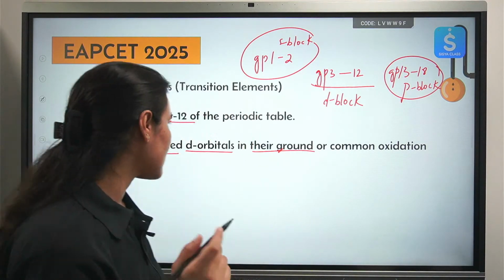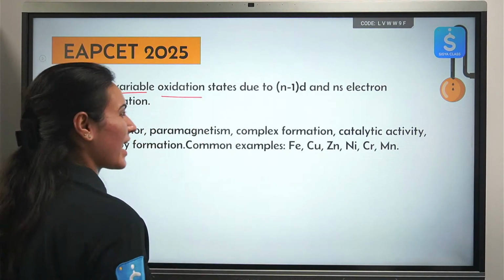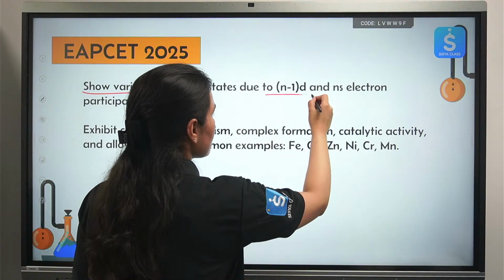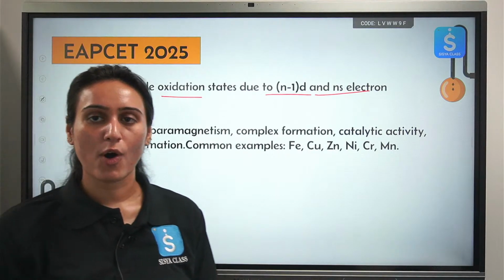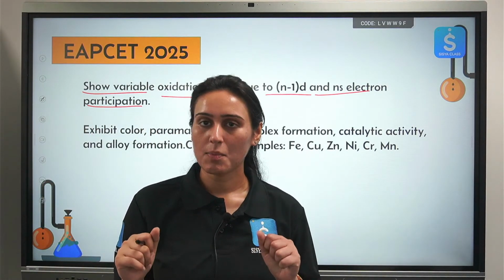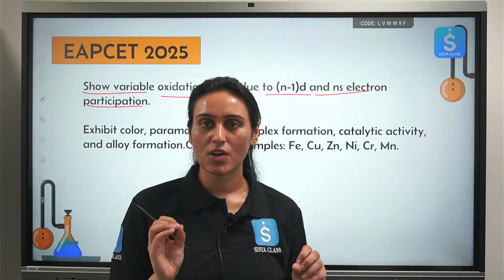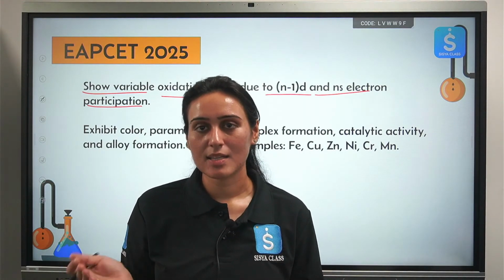Okay. See the next part. It shows variable oxidation state. Why? Because the n-1 d and ns electrons are involved in bond formation. See, generally what do we see? If you talk about s block elements, your last electron enters the s orbital, so those electrons are taking part in bond formation.